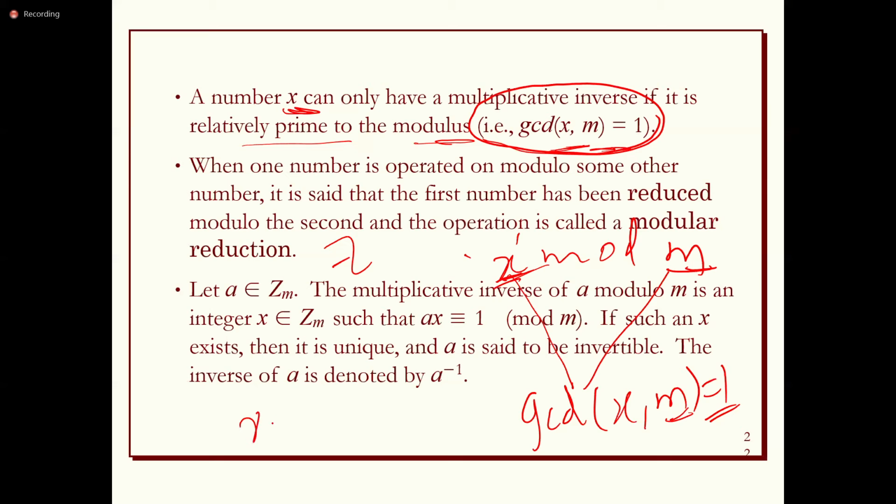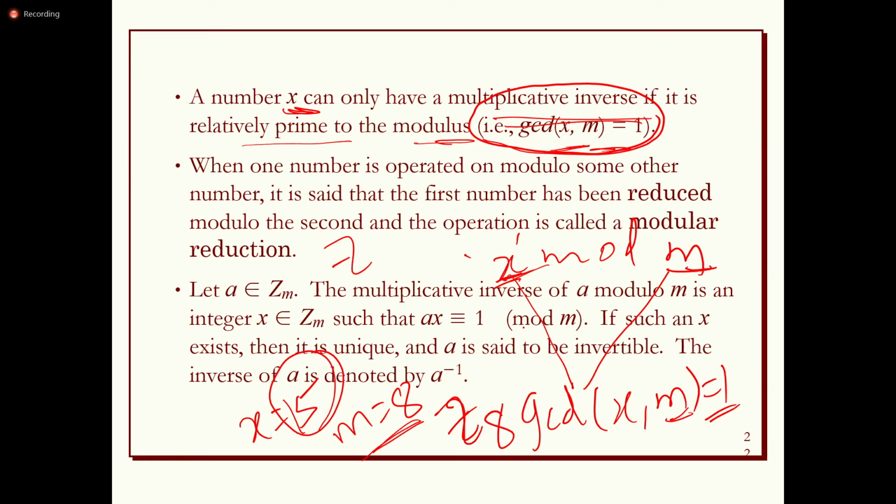Suppose x is equal to 15 and m is equal to 8. Then we can calculate the multiplicative inverse of 15 under Z8.